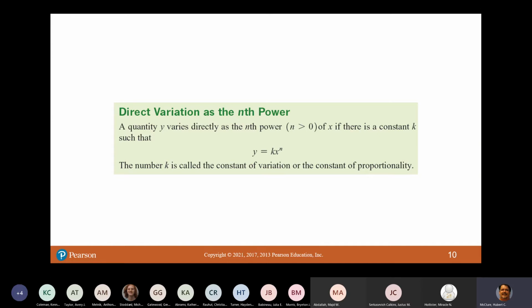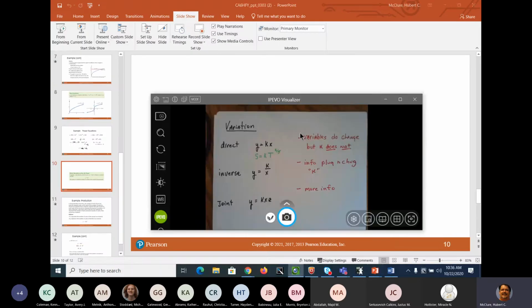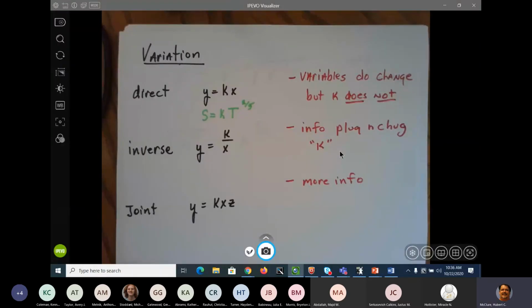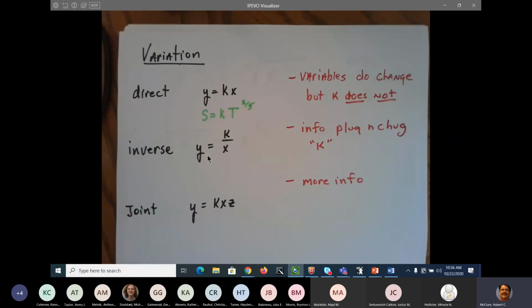There is the slide I gave you for direct, inverse, and joint. And you can combine them. Usually direct and inverse is combined. So that would be y is equal to kx over w. And then you would plug and chug into that. So anyway, there's that.